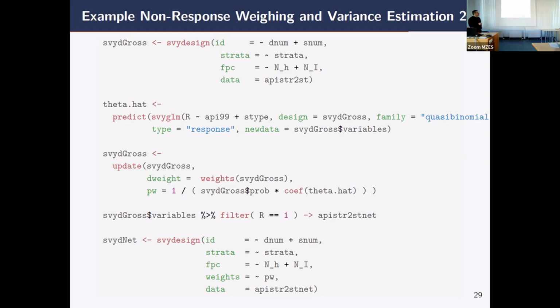That's the inclusion probability times the estimated response propensity. So the inverse of that, that's my new probability weight. So, and then I'm constructing here my net sample, and then I can define the net sample. And with the net sample, I'm using now the weights argument, because I have these survey weights now where the design weights are adjusted by my estimated response propensities.